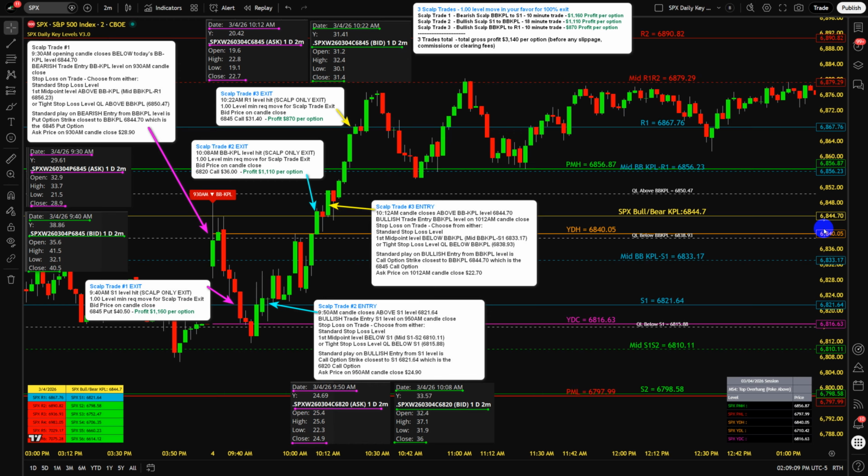So we're going to be taking a look at doing multiple scalp trades, and this is another way you can profit from this indicator, just doing multiple scalp trades throughout the session, as they only require a one level move in your favor, and you can still make just as much money typically doing multiple scalp trades throughout the session as you can with one or two longer extended move trades.